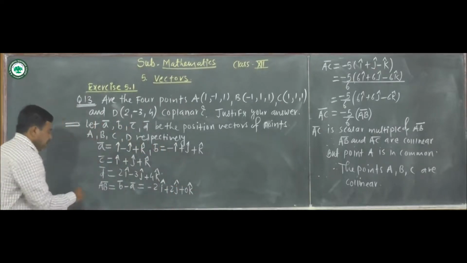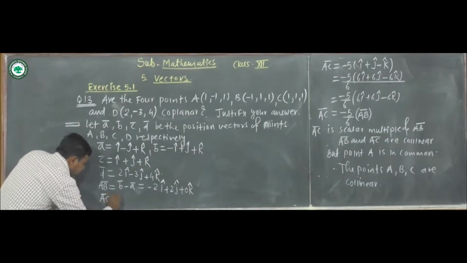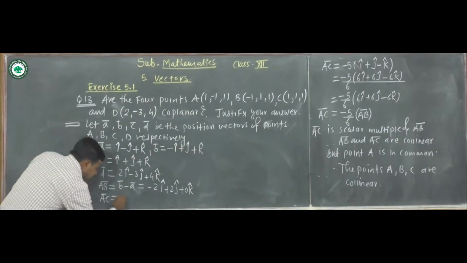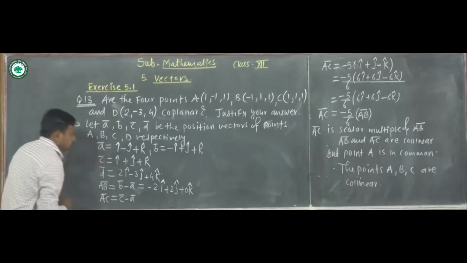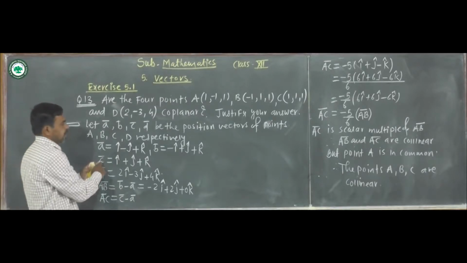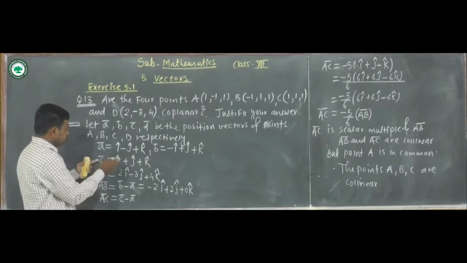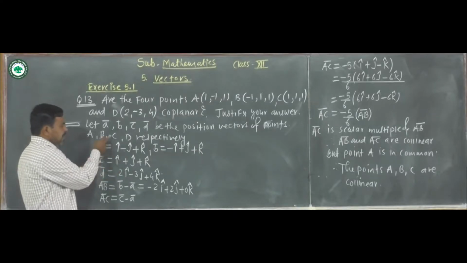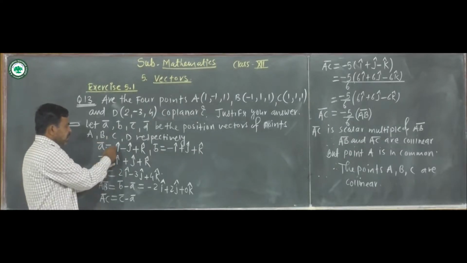AB bar. Now AC bar, it is C bar minus A bar. Where is C bar? C bar is here. C bar minus A bar, 1 minus 1, 0.